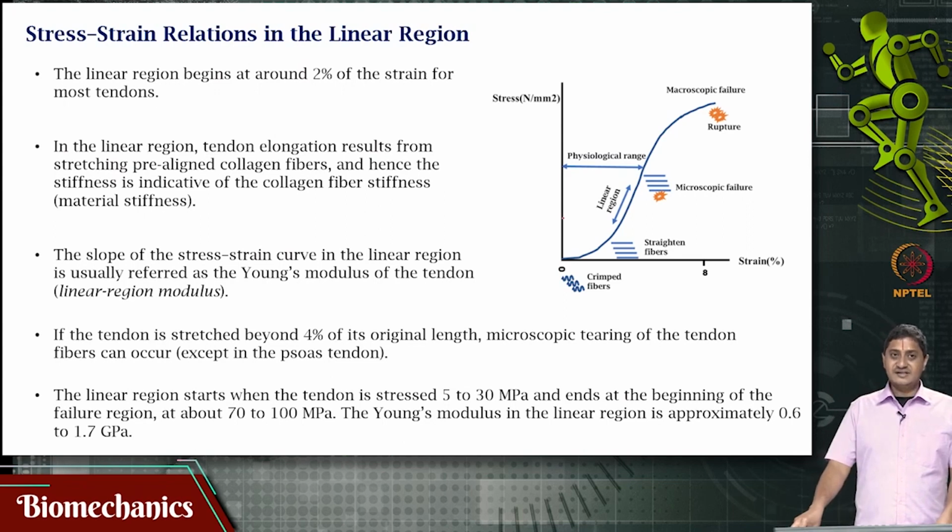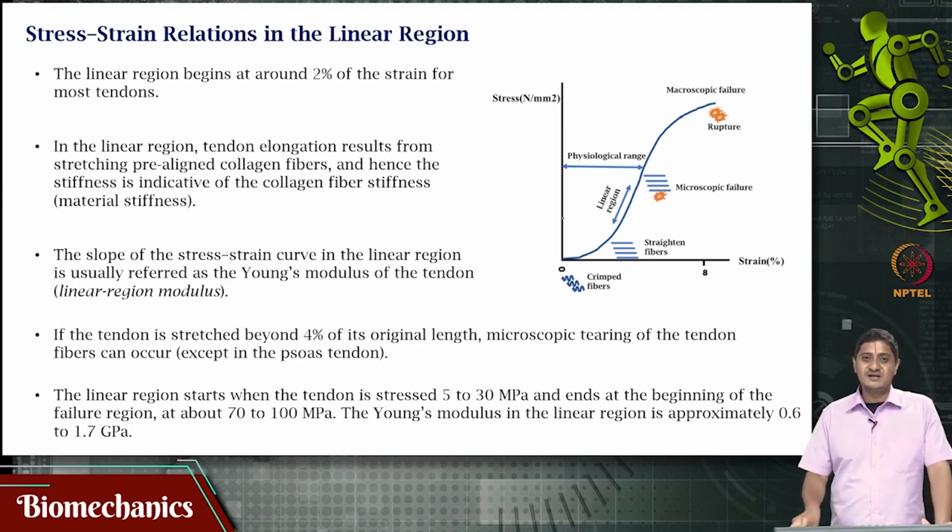In the linear region, tendon elongation results purely due to pre-aligned collagen fibers stretching. So, the collagen fibers are getting stretched, and because of that stiffness increases. So, this is mostly due to collagen fiber material stiffness. This is due to material stiffness of the collagen fibers. Okay.